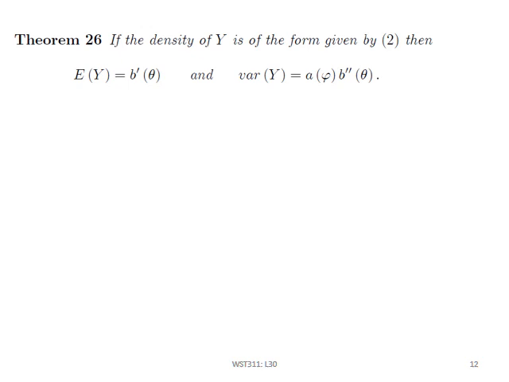For the exponential family, we have the following results. The expected value of a random variable, which is a member of the exponential family, is given by the derivative of the function b in the value of theta. The variance is given by the function a of the scale parameter times the second order derivative of the function b in the value theta.